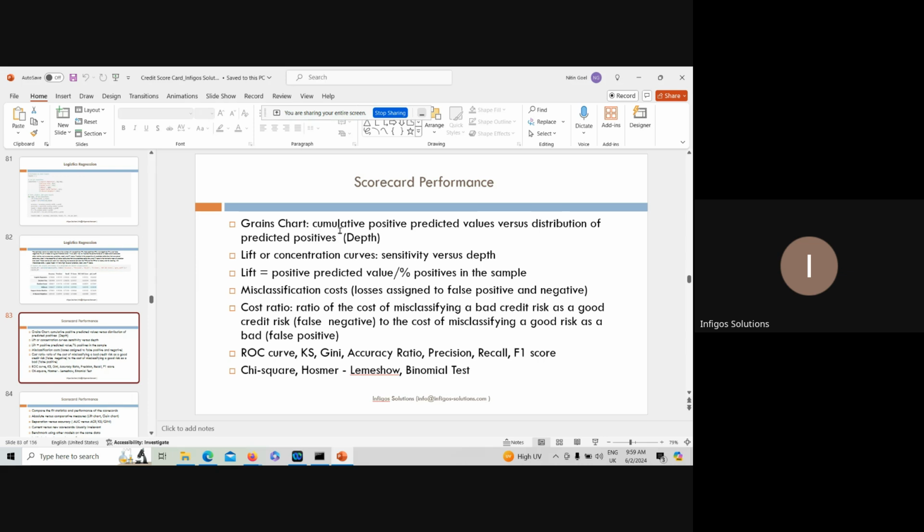So we talked about the gain chart. We talked about lift. And then we talked about misclassification cost, the cost of false positive and false negative.